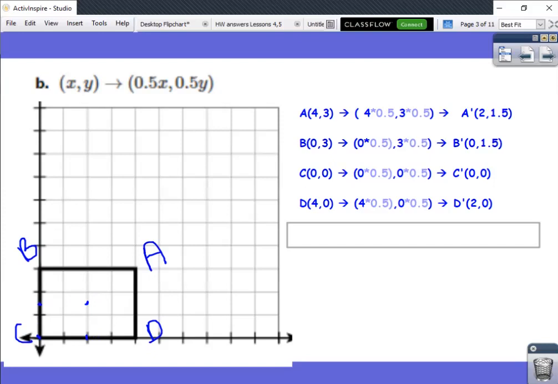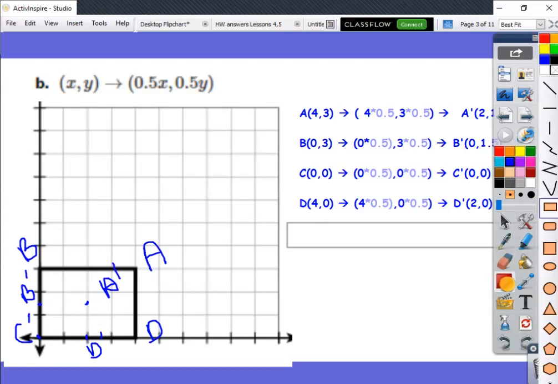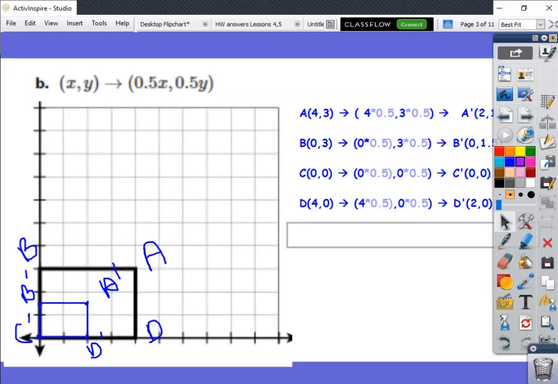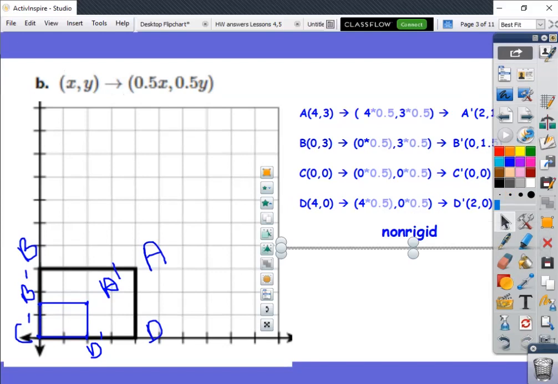And I go ahead and mark these, A prime, B prime, C prime, and D prime. I go ahead and make a rectangle there, as I did before. Well, you notice in this one here, since the size did change, this is a non-rigid transformation.